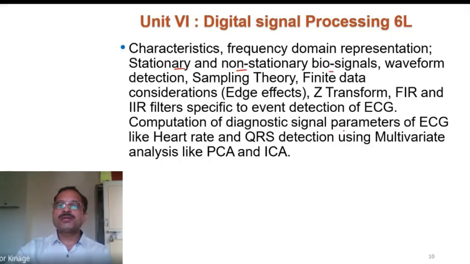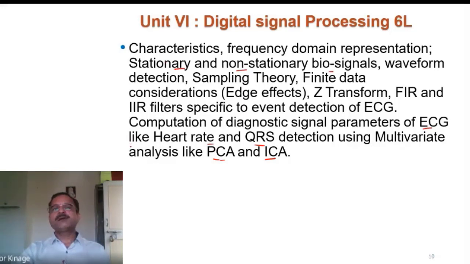Computation of diagnostic signal parameters of ECG like heart rate and QRS detection using multivariate analysis like PCA and ICA. That is, principal component analysis and independent component analysis for heart rate and QRS detection. Whatever you have studied in digital signal processing, in this unit you will see how to apply those concepts to process biomedical signals.